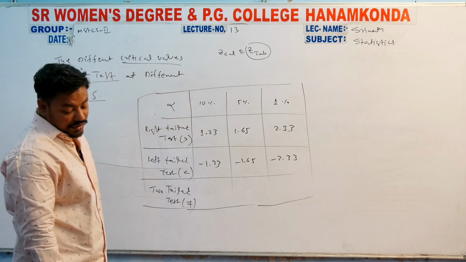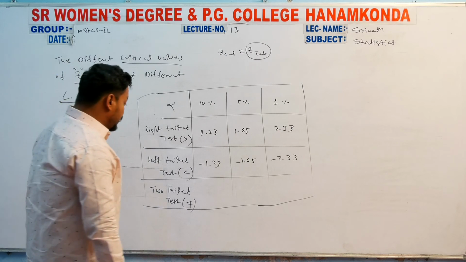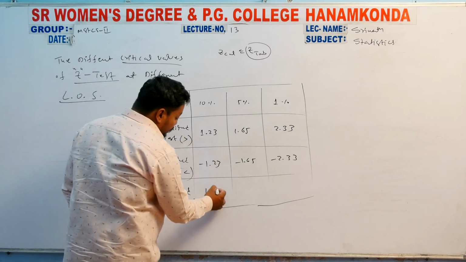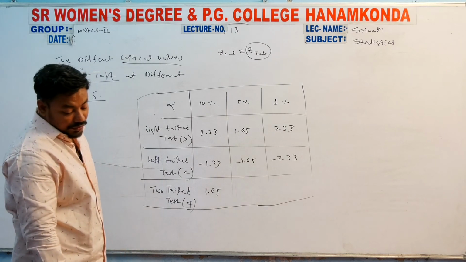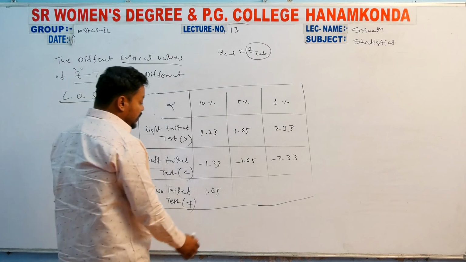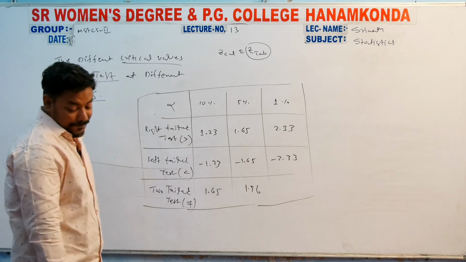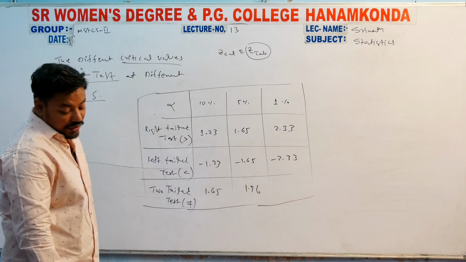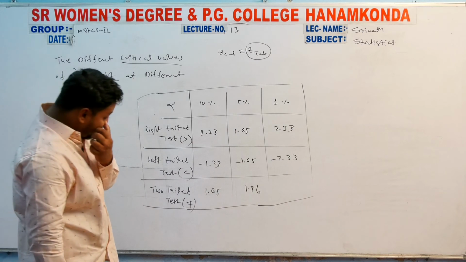And the two tail test at the 10% level of significance is 1.65, and the two tail test at 5% is 1.96, and the two tail test at 1% is 2.58.